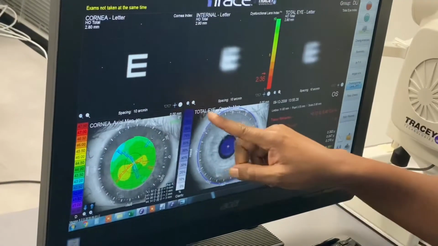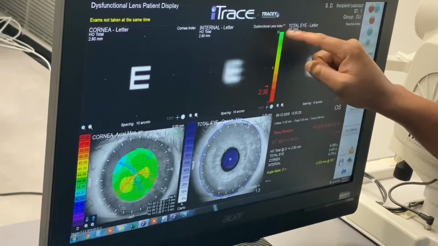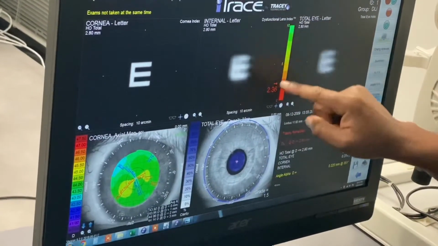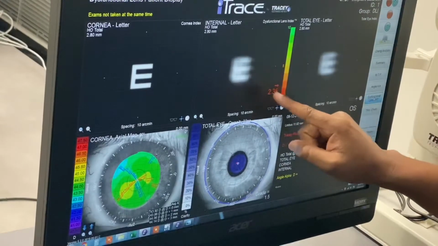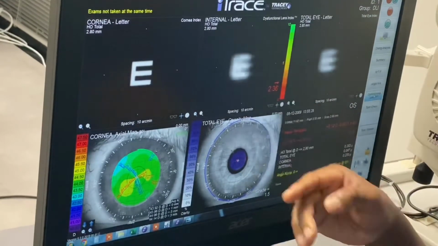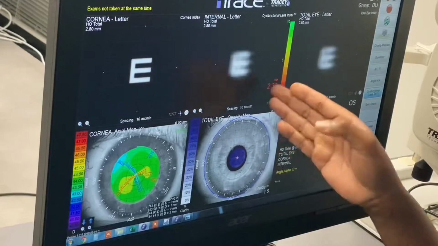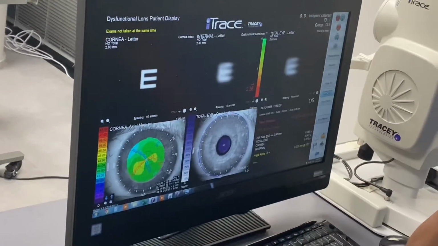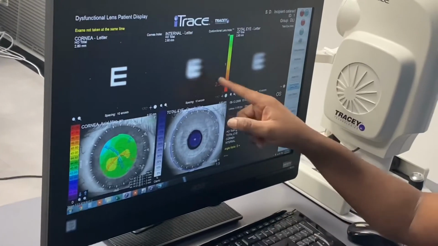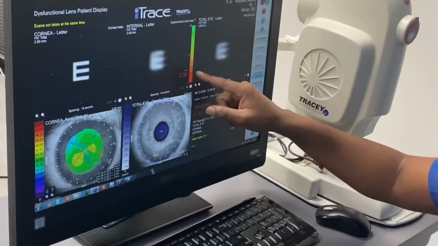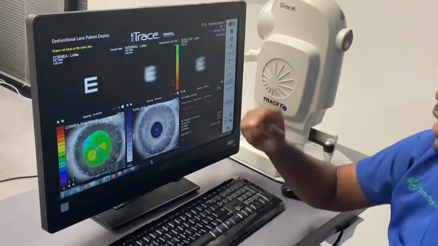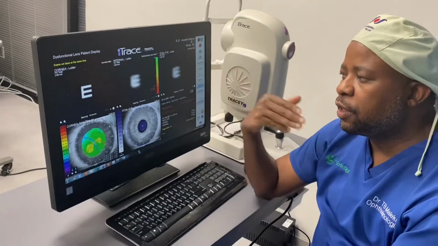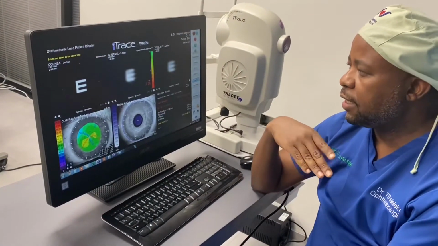Unlike in the other patient where the DLI was quite high and it was 10, in this patient it's 2.36, and you know to operate on a cataract like that. Sometimes we see this phenomenon with clear lenses where the DLI index has come down, but the lens is clear, and on a slit lamp you can't see a cataract.